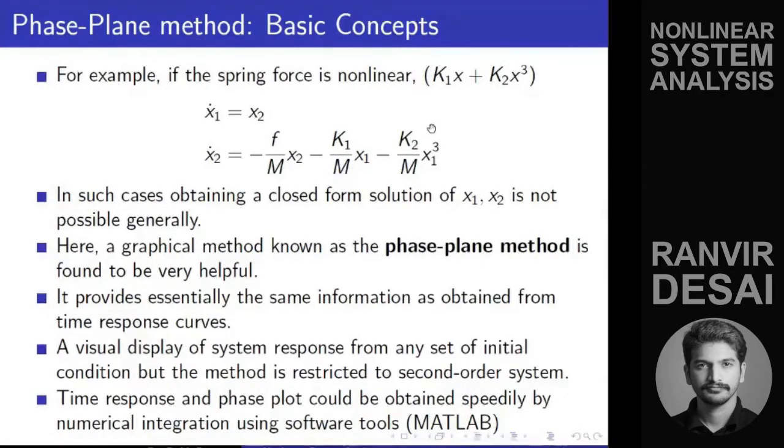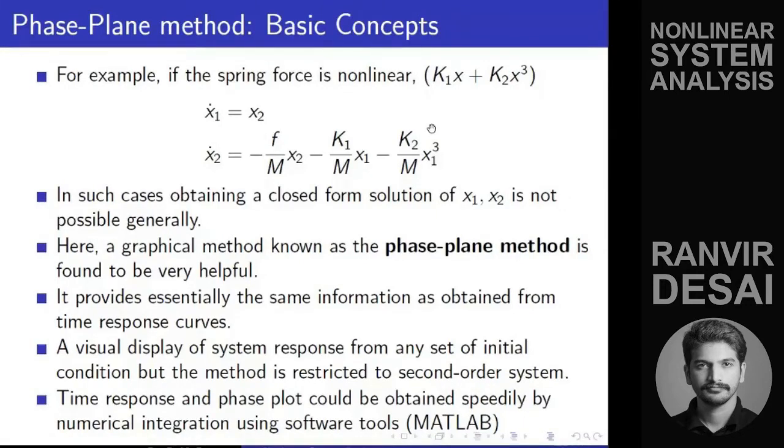So here a graphical method, the phase plane method that we are going to see today, is very helpful. It provides essentially the same information as obtained from the time response curves. So instead of obtaining time response curves, we do the phase plane.